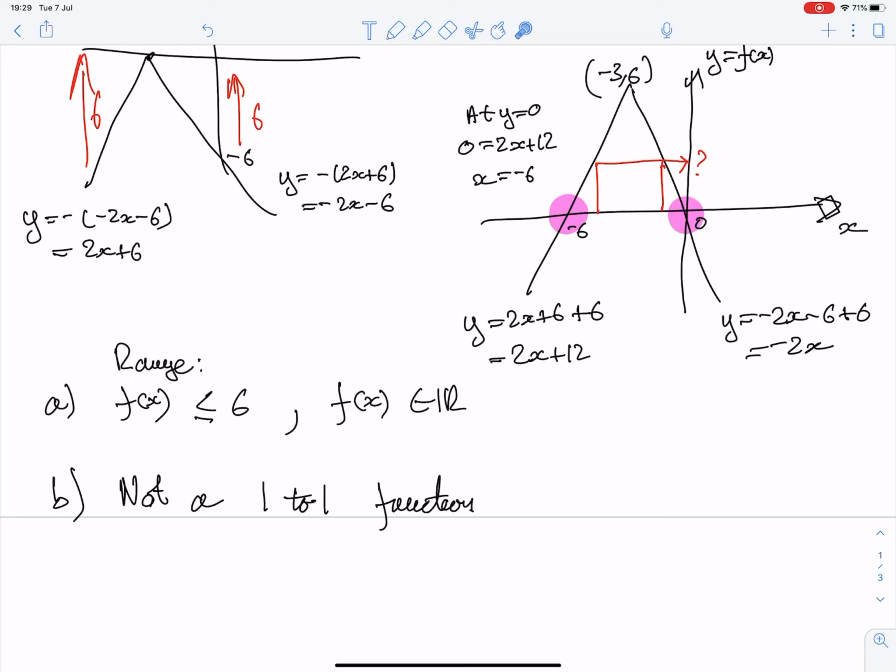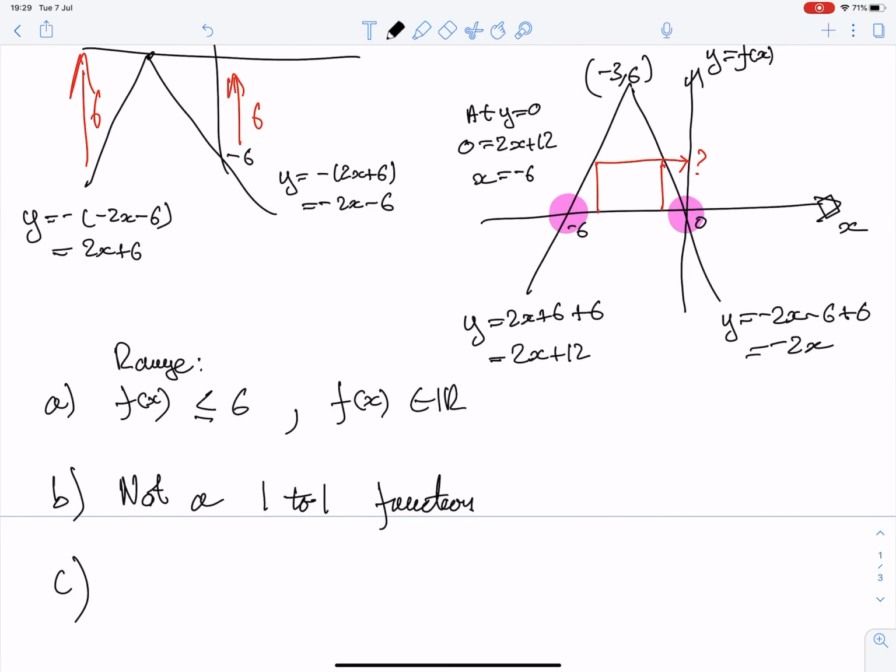If we start here and we want to go back to where we started, we don't know which of the 2 points to go to. And as a result, we haven't got an inverse function. And we express that simply as saying, not a one-to-one function, therefore has no inverse.